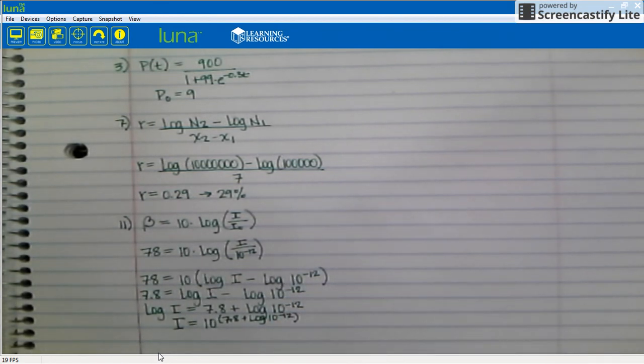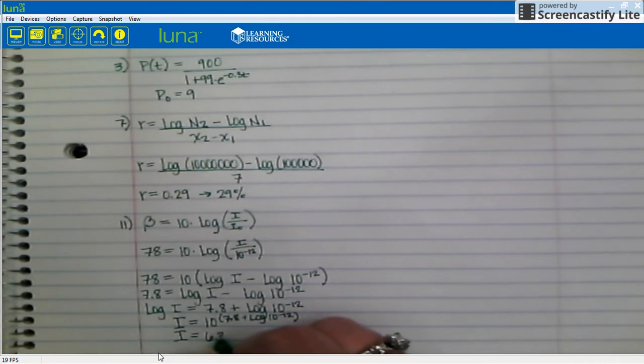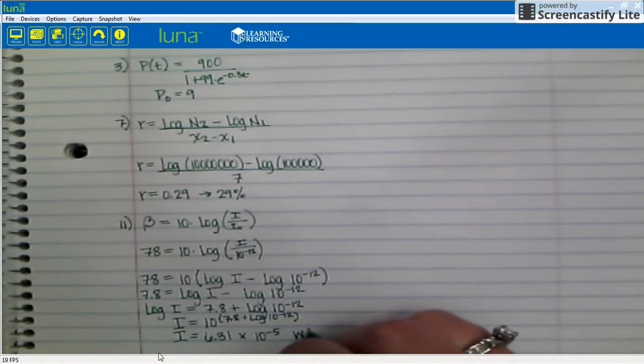And when you put that into your calculator and let the calculator do all of the legwork, it is going to give you an answer in scientific notation. That E on the end of your answer means 6.31 times 10 to the negative 5th power watts per meter squared.